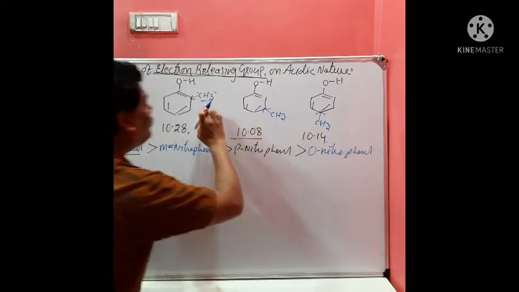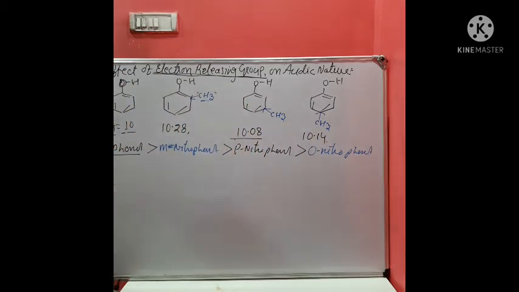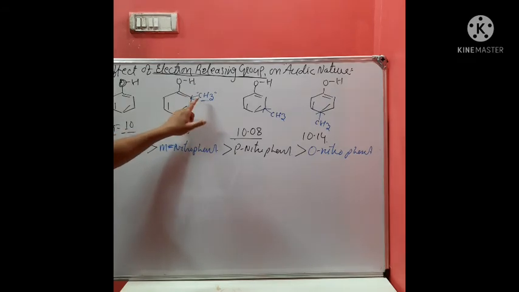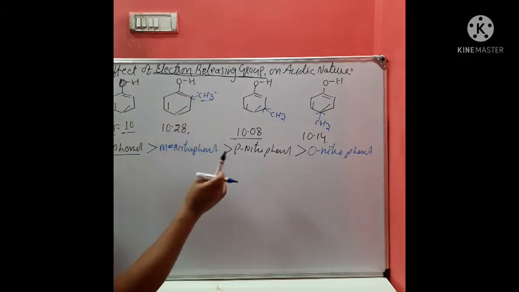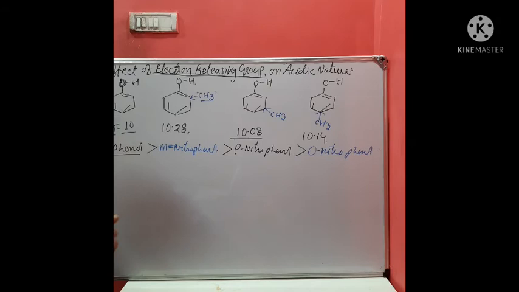Now what is the reason behind it? Why is ortho nitrophenol the least acidic? So student, again we have to check between any two compounds what will be the effect. So let me write the reason.